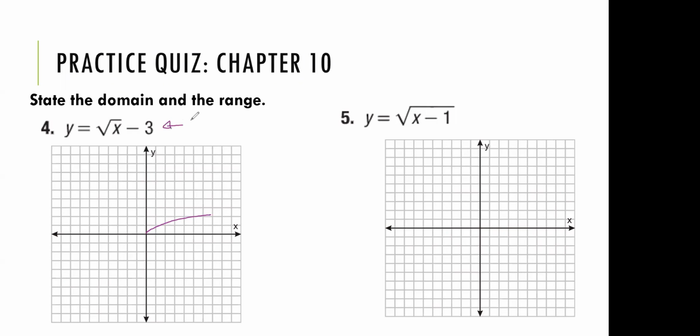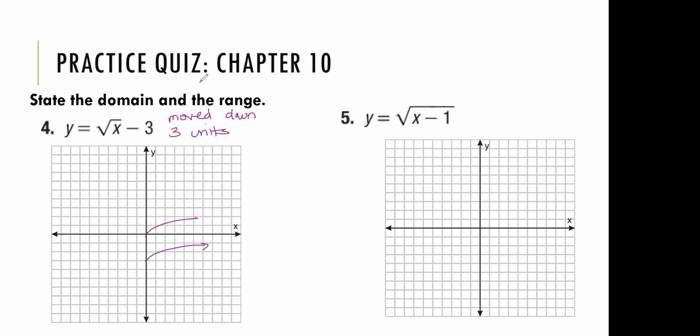So this is going to move the graph down 3 units because of this minus 3, kind of like your y-intercept here. So here's negative 3, and our graph is going to go like this.